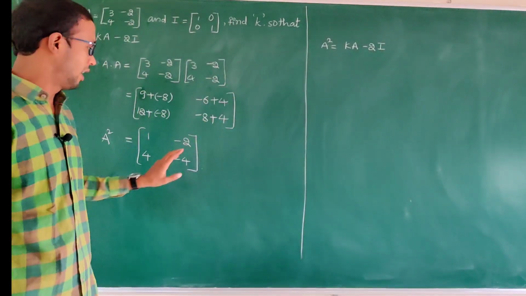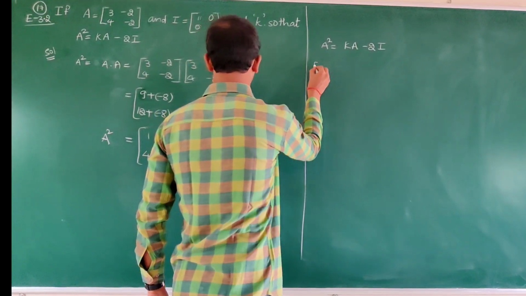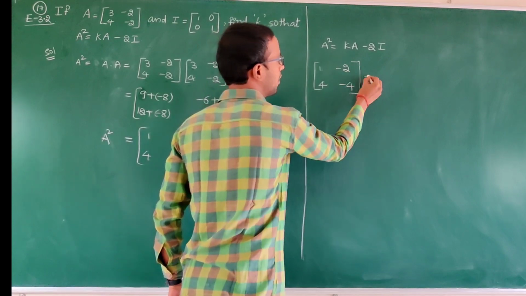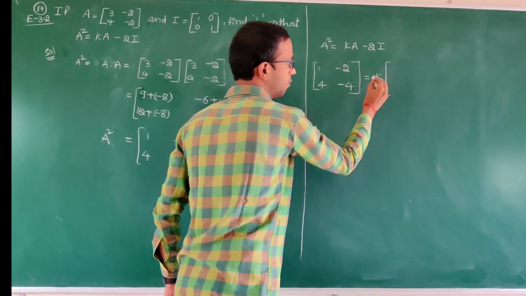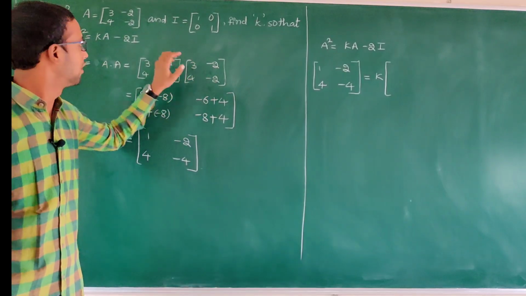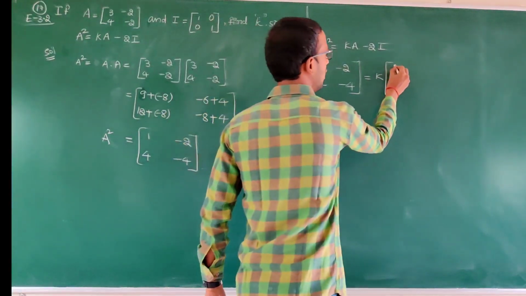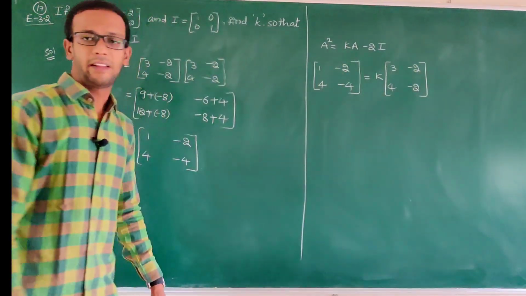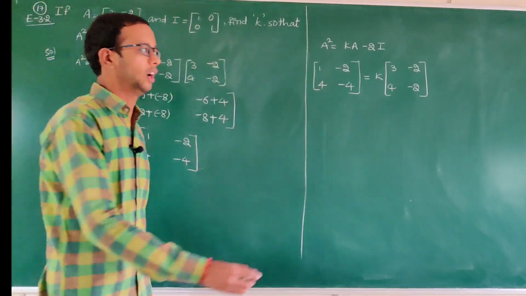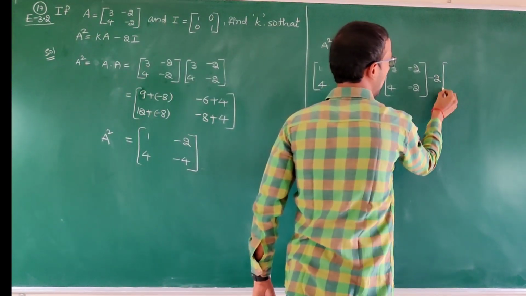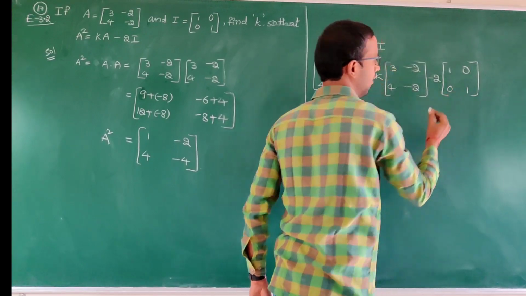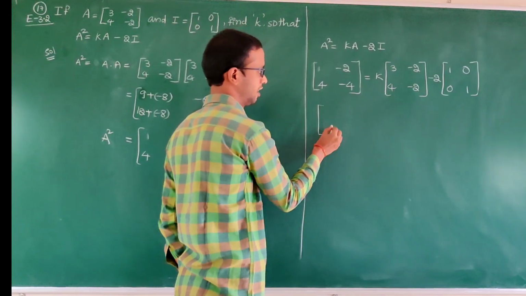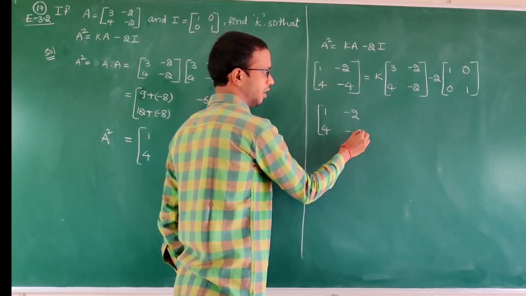Now the A square matrix we substitute here: 1 minus 2, 4 minus 4 is equal to k into A, where k is a scalar and A is the given matrix 3 minus 2, 4 minus 2, minus 2I, which is 1 0 0 1. So now make the simplification. The left side stays as it is, nothing changes.